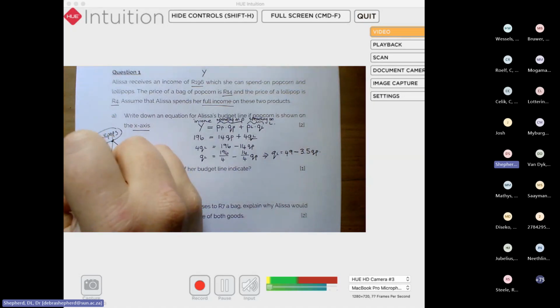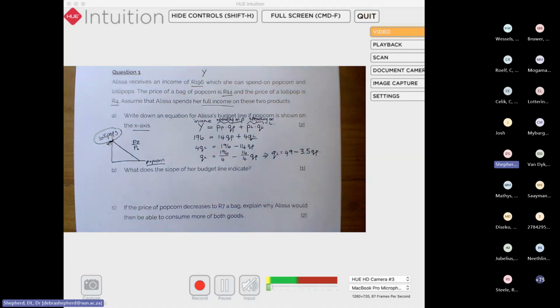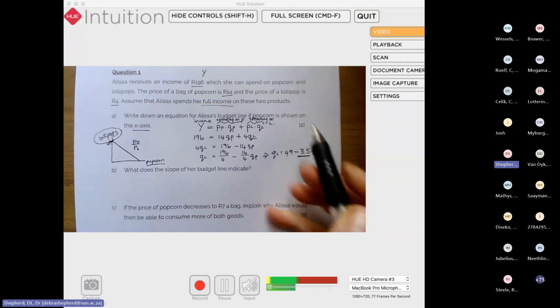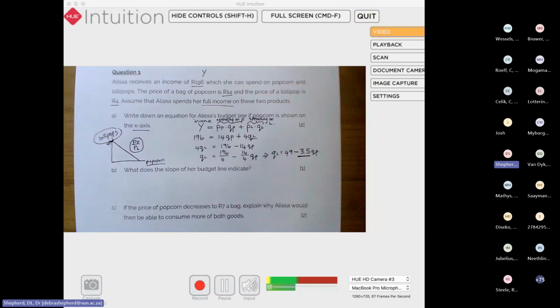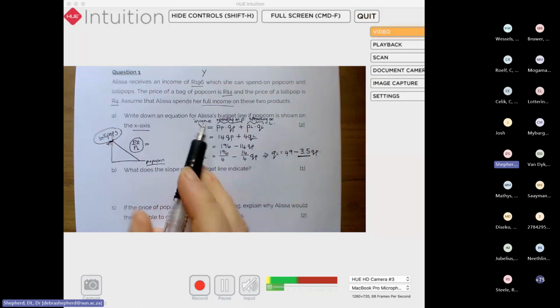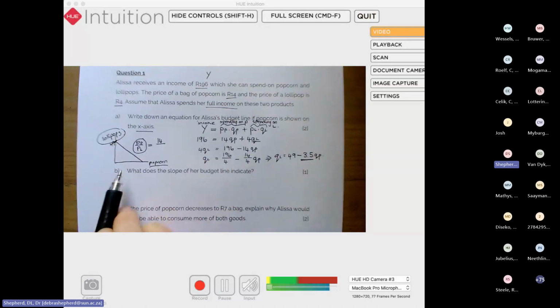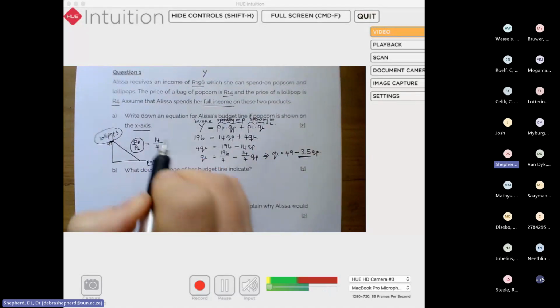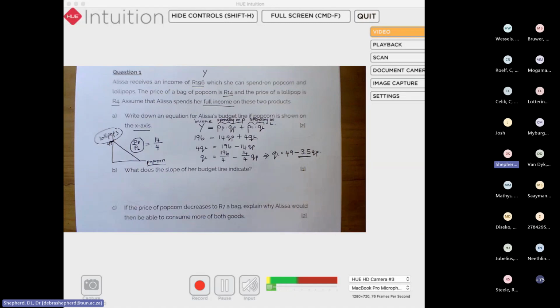So this intercept over here is 49, and the slope of this budget line is 3.5. And I said earlier that this 3.5 represents the relative price of popcorn. So I can confirm that as the price of popcorn is 14, the price of a lollipop is 4, 14 over 4 is the same as that, 3.5.